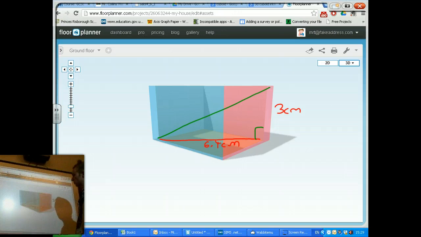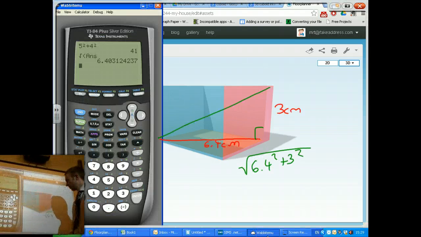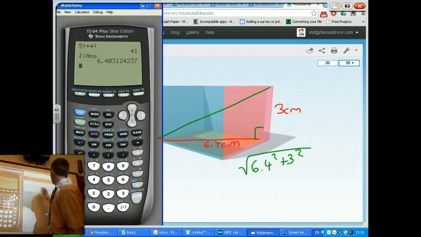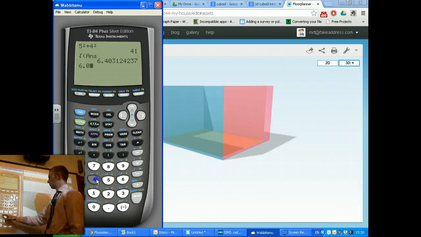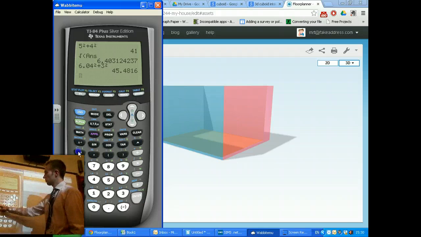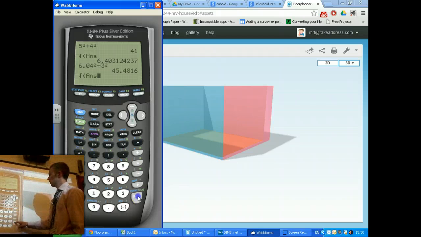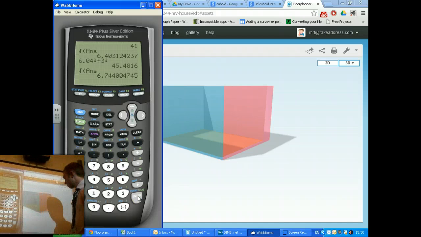And so I've just got another right angle triangle, so I do the square root of 6.4 squared plus 3 squared. So if I go back on here, I've got 6.4 squared plus 3 squared equals that, and then I just do the square root of my answer, and my length is 6.74.